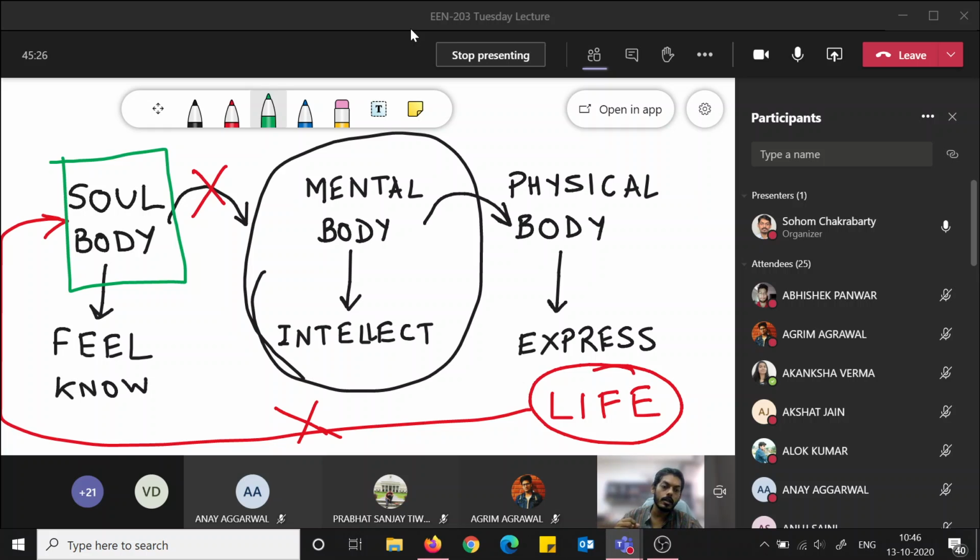This is what you are at a deeper level, and you are trying to express yourself through the mental body and the physical body, and you call that living a life. Whatever that expression is, that is your life. Now if this life is not in tune with the soul body, then what will happen? Then will come frustrations.